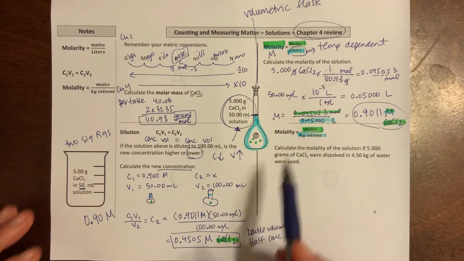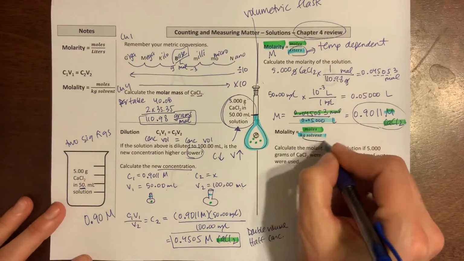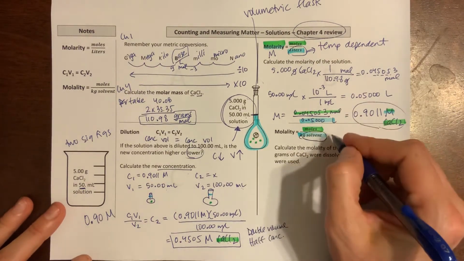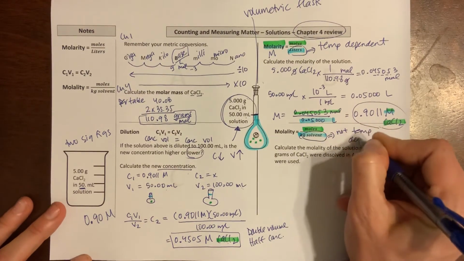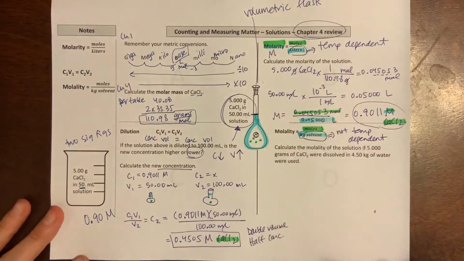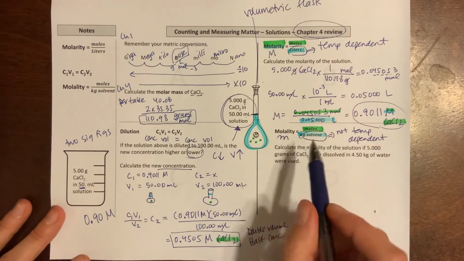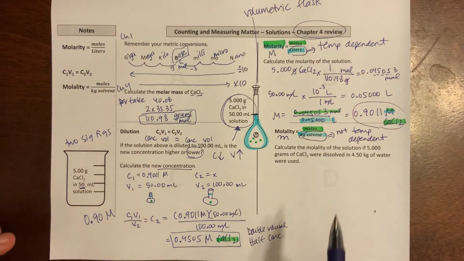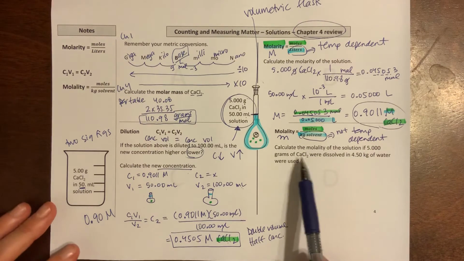So if we have something that's occurring over a wide range of temperatures, or we need to get that temperature variable out of there, we use instead kilograms of solvent, and this is not temperature dependent. So that's the value of using molality instead of molarity. And the symbol for molality is going to be a lowercase script m, so that's kind of my handwriting M there for molality.